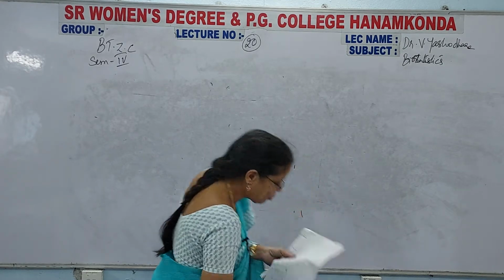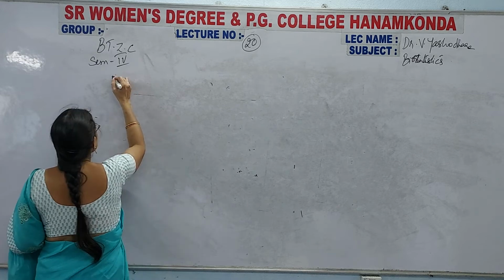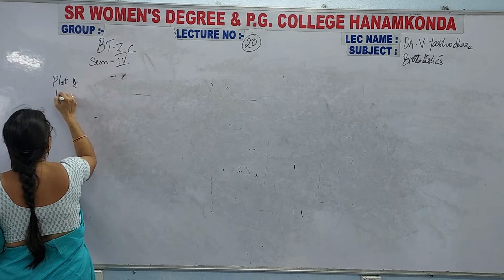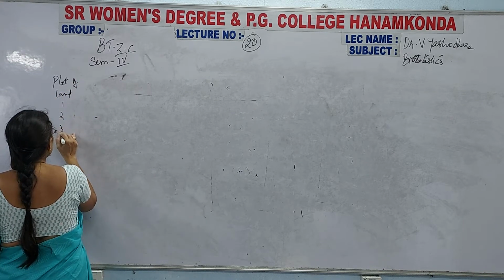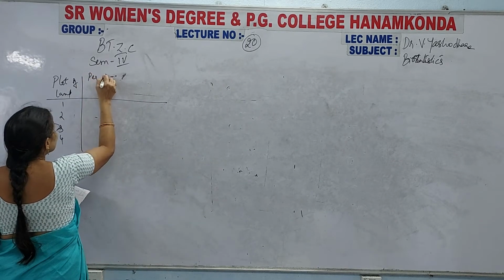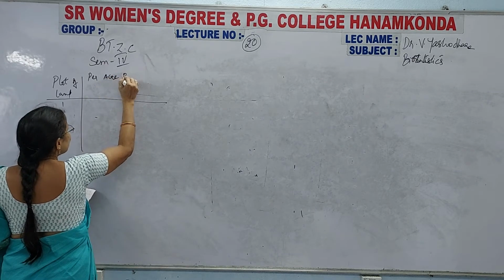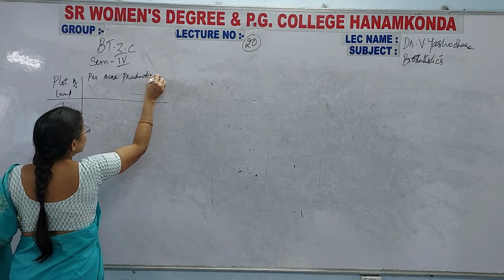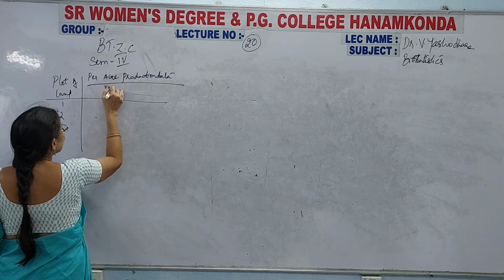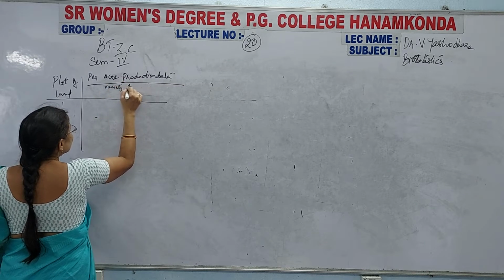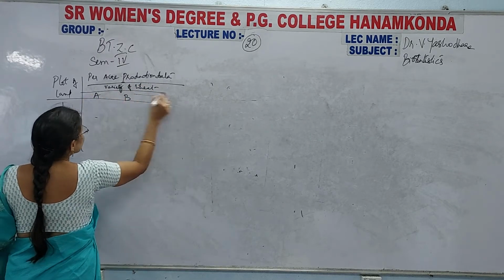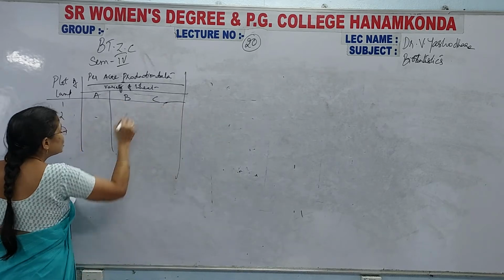See here, in this 1-way ANOVA problem, plot of land 1, 2, 3 and 4. Plot of land, now, is per acre production data of wheat, varieties A, B and C. This is the problem we have to solve.